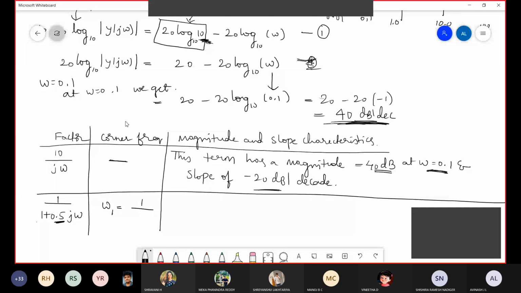Now what exactly happened? This also has a simple pole, so that is minus 20 dB per decade, the slope given by this particular pole.